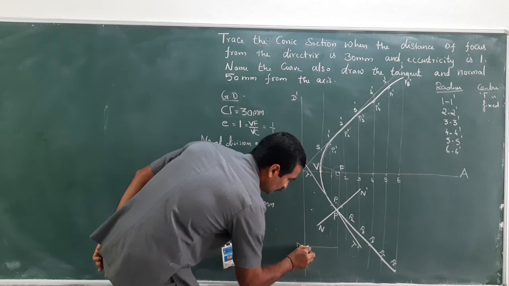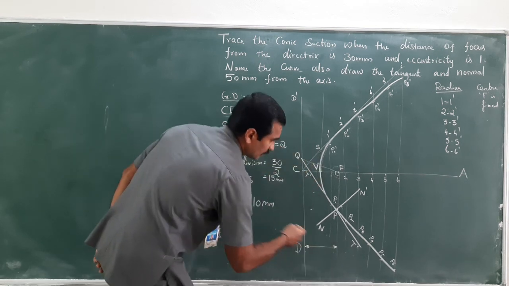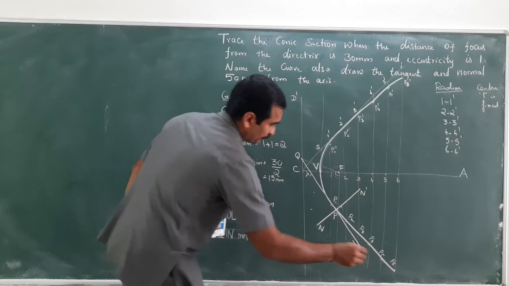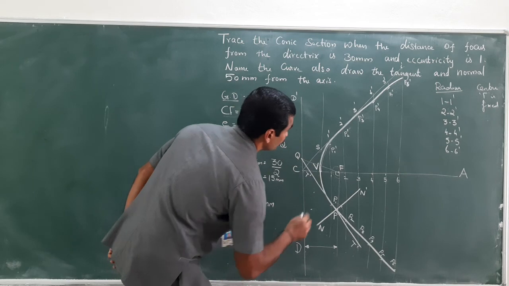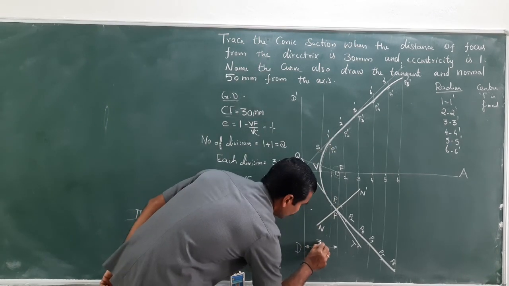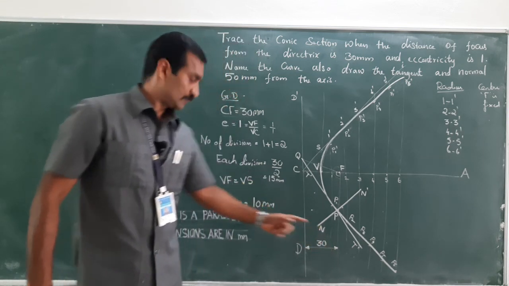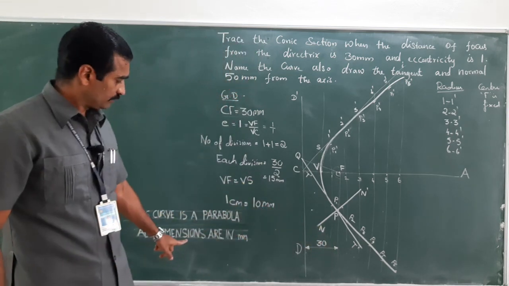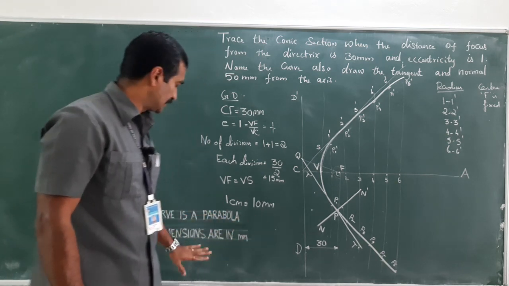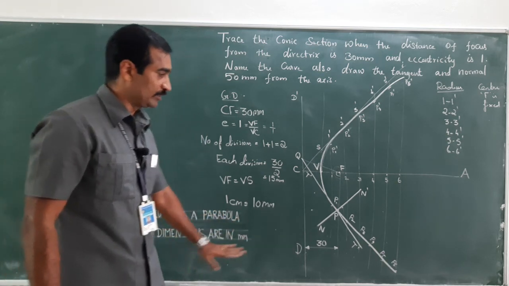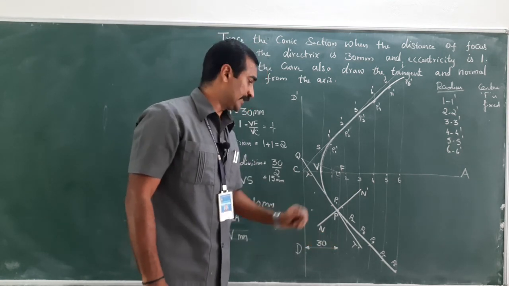The arrowhead should be in 1:3 ratio. If the height is 1, the slanting length should be 3. So this is 30 mm here. You need not specify mm here, because separately we are mentioning that all dimensions are in mm. Therefore, this is more than adequate. You need not mention mm on the drawing while marking the dimension.